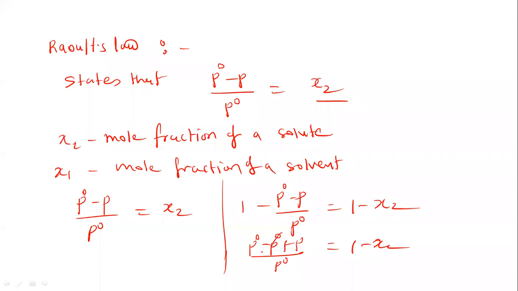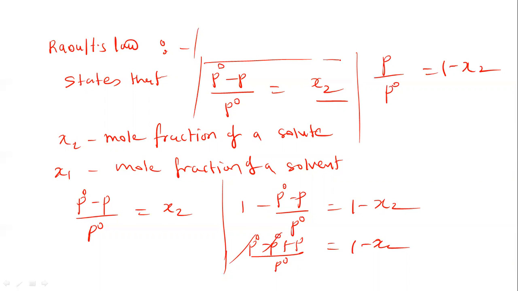P0 and P0 get cancelled, so this is P upon P0 equal to 1 minus X2. This is another form of Raoult's law. The mathematical expression is P0 minus P upon P0 equal to X2, or P upon P0 equal to 1 minus X2.